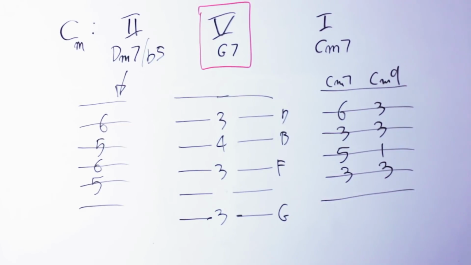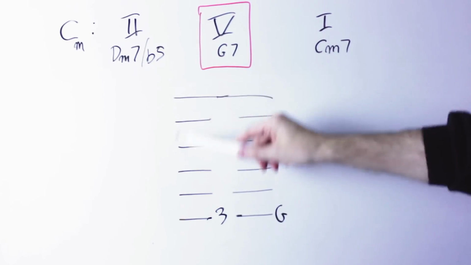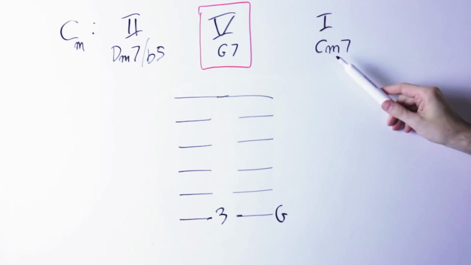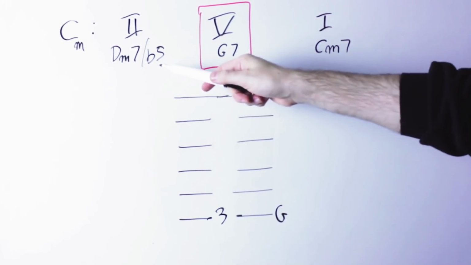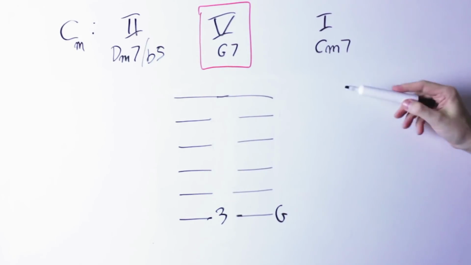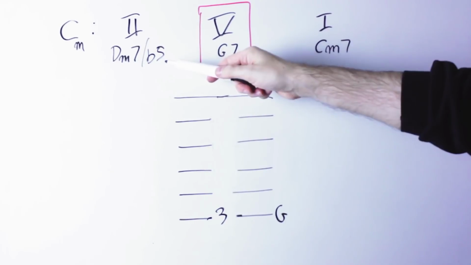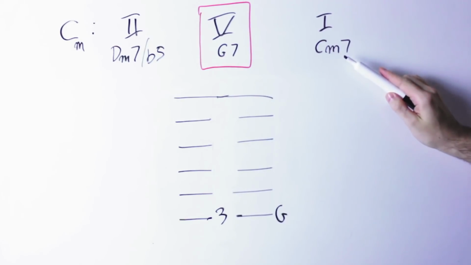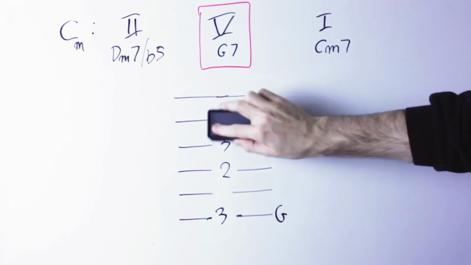This is the standard G7, G, F, B, D. G, F sharp, B, E. This is G, F sharp, A, C sharp. This is G, E, B flat, D sharp.